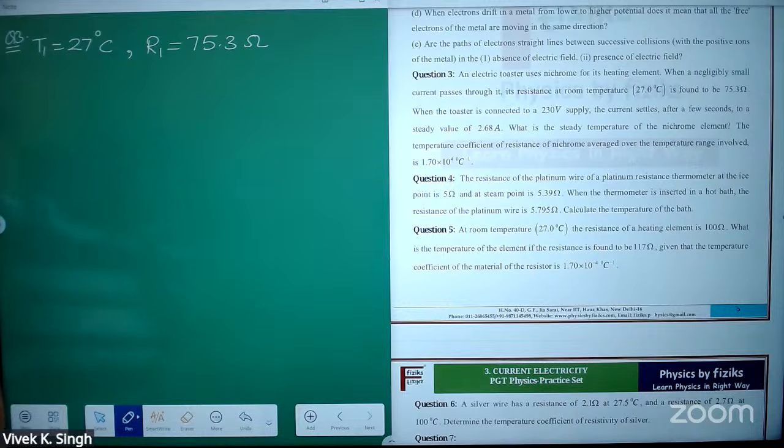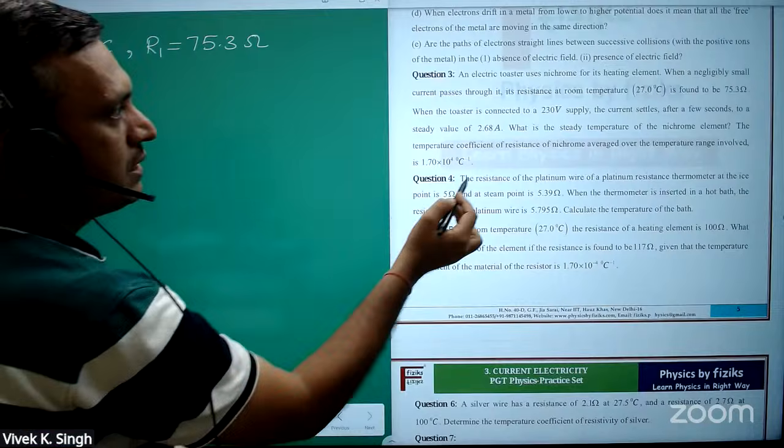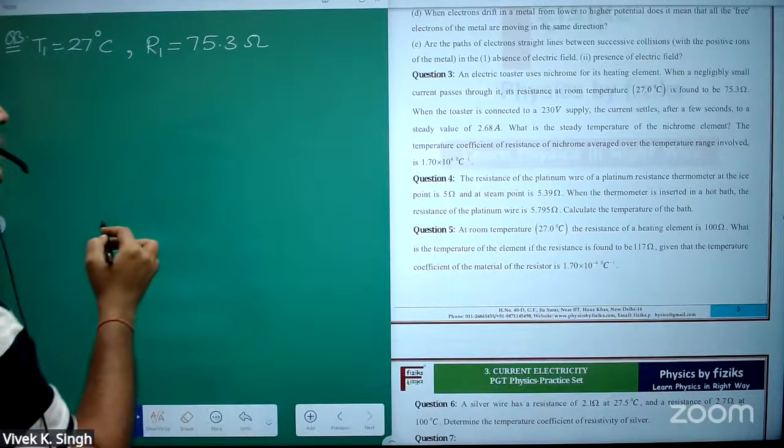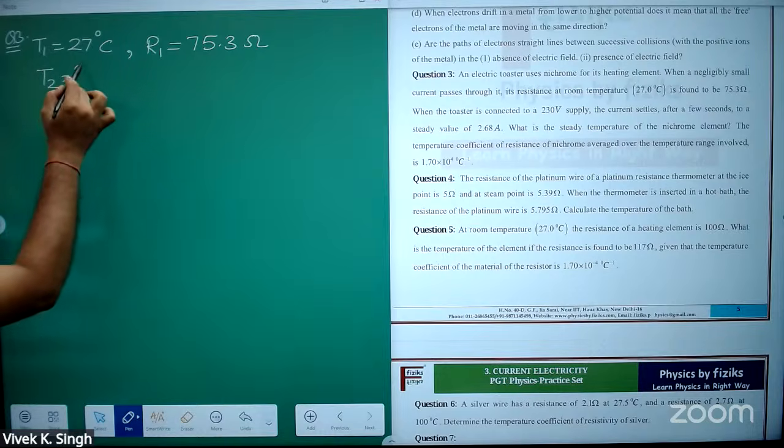The temperature coefficient of resistance is given over the involved range. What is the steady state temperature of the nichrome element? So T2 we have to find.